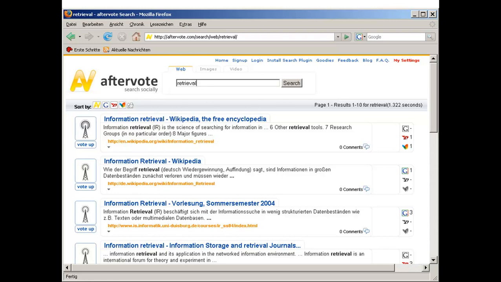Here, vote up, there we say this is more important for me, next time this should be on top. This is something like the click definition you mentioned, but from a different perspective.